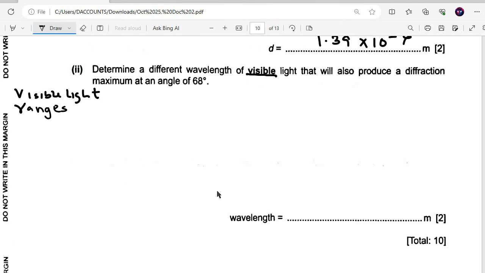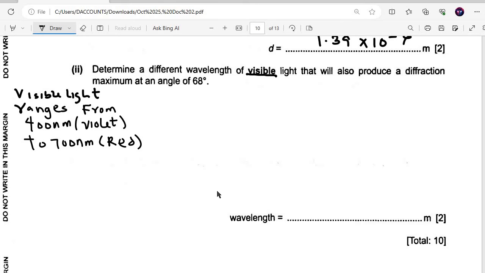Visible light ranges from 400 nanometers, which is violet, to 700 nanometers, which is red.